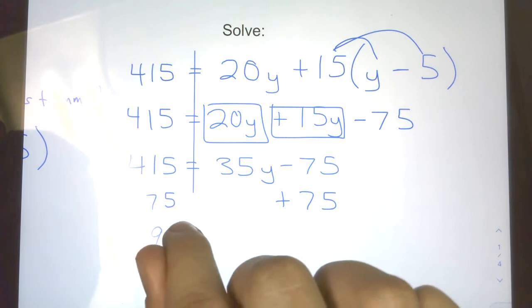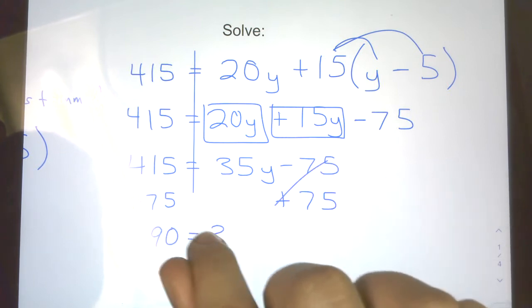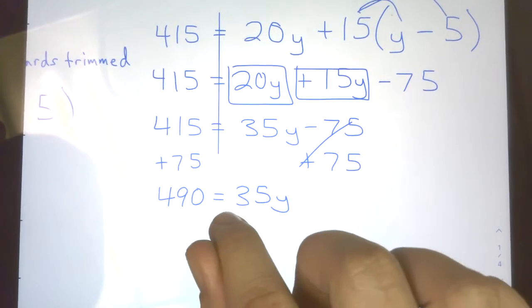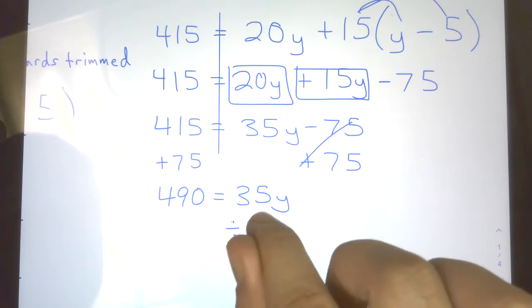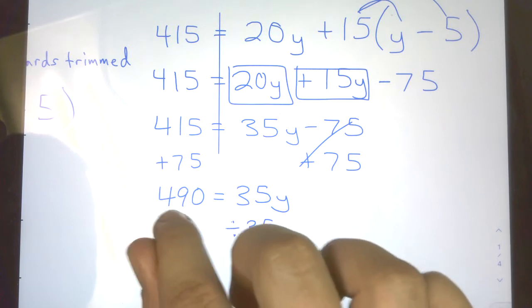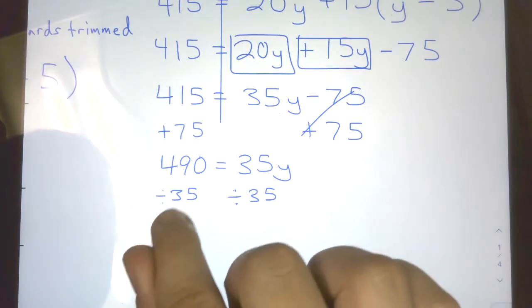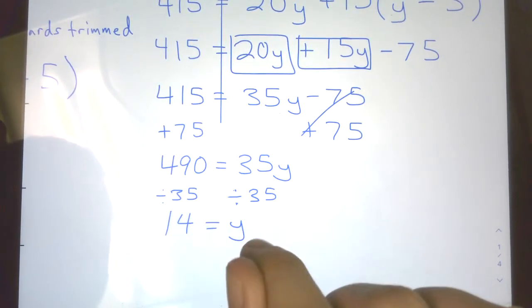And that's going to equal 35y. My last step here is to divide both sides by 35. So I take 490 divided by 35, I get 14 equals y.